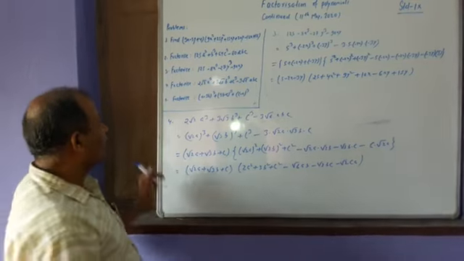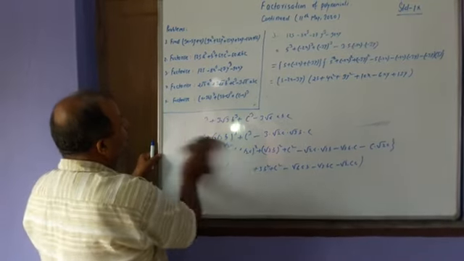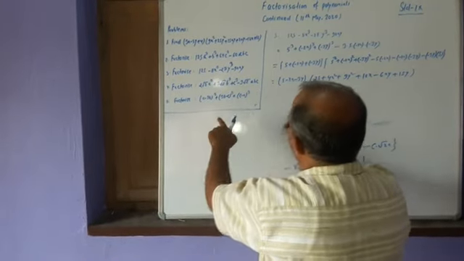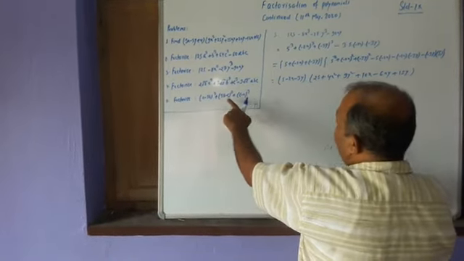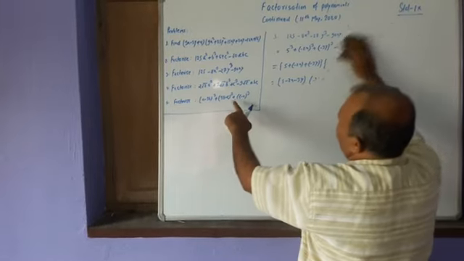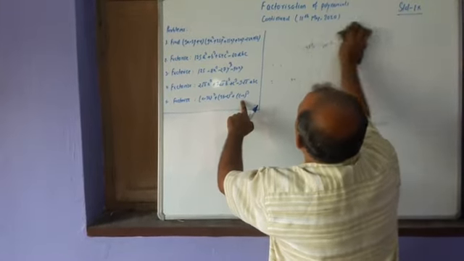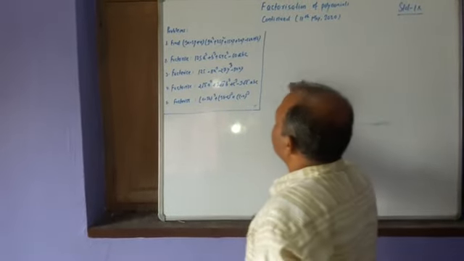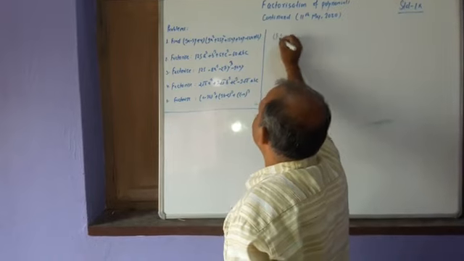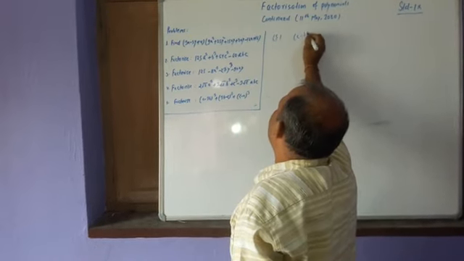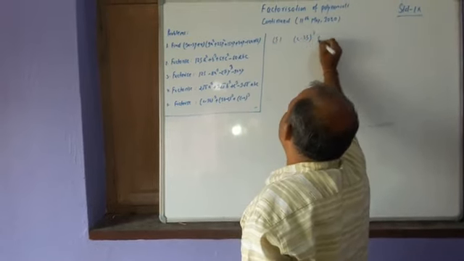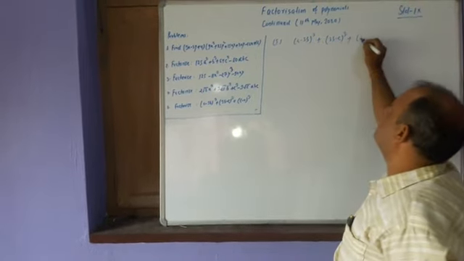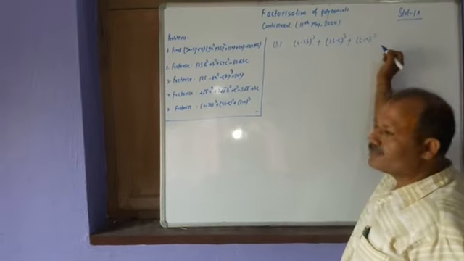Now we have to solve the fifth problem, that is cube of a minus 3b plus cube of 3b minus c plus cube of c minus a.